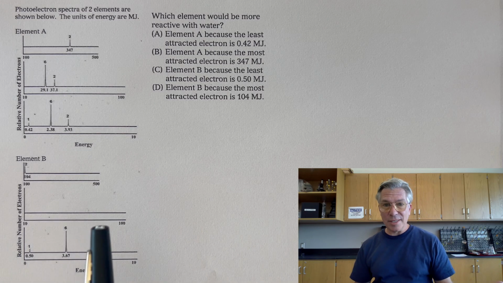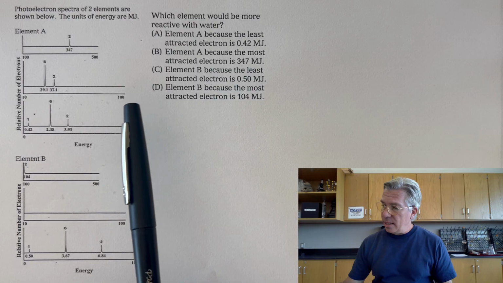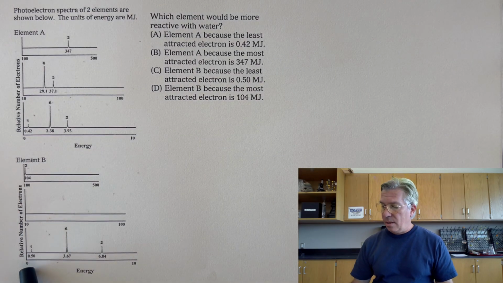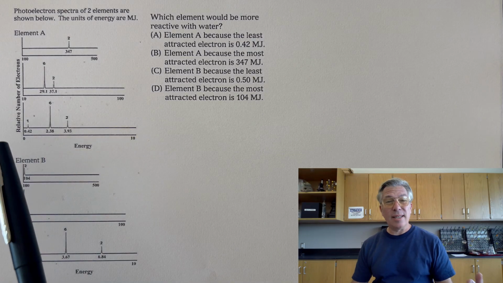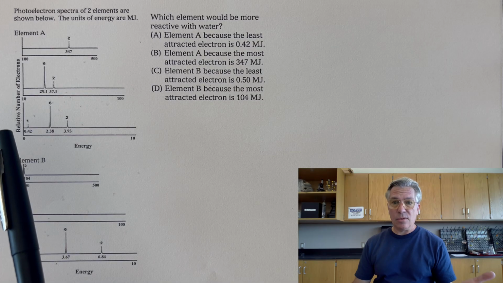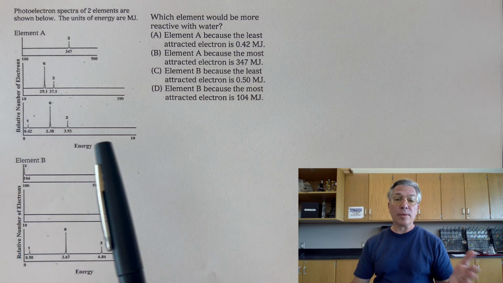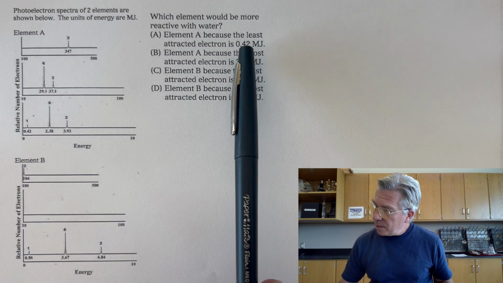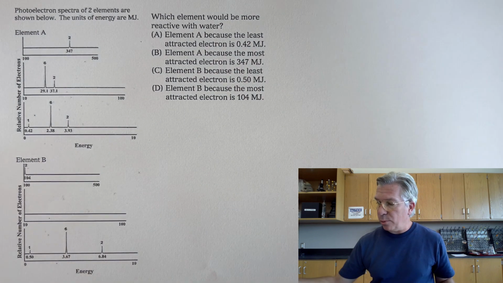One is a little more vigorous than the other one, and it turns out because this has a lower energy than this one, it's held less tightly and is more easily lost, which indicates more reactive. So the more easily the electron is lost, the more reactive the element is. So we're going to say element A is more reactive because the least attracted electron is 0.42 megajoules.